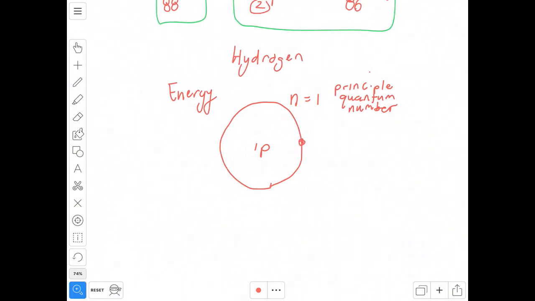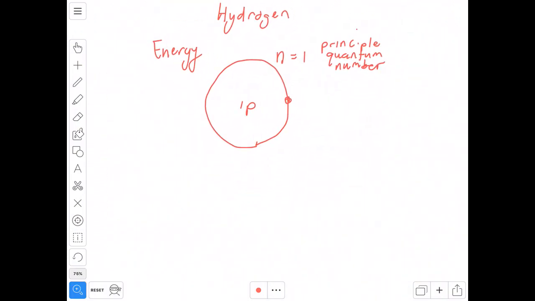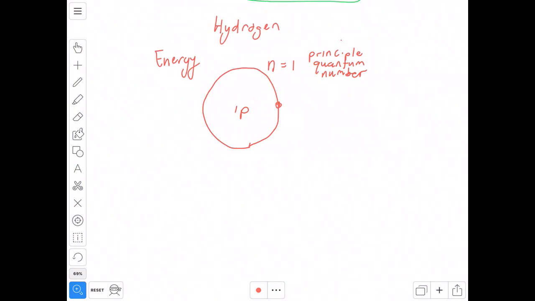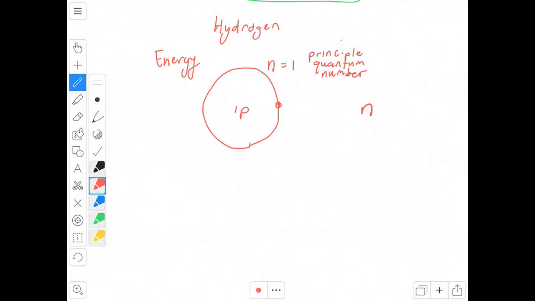Let's just list the principal quantum numbers for a second. I'll tell you how many electrons go in them. You ready? This first principal quantum number can hold 2 electrons. The second one can hold 8. The third one can hold 18.